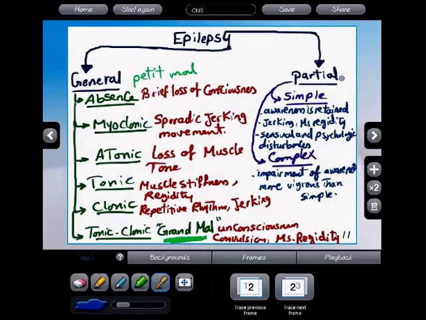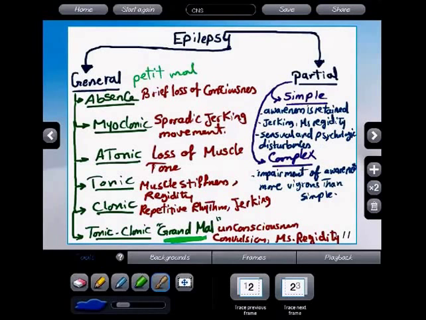If we look at the partial seizures, in the simple partial seizures the person will be aware, and jerking happens, muscle rigidity, sensory and psychological disturbances.